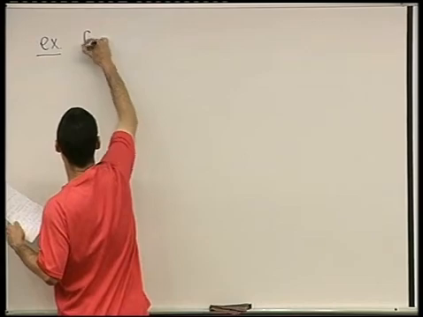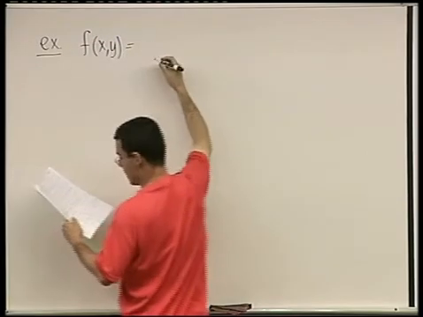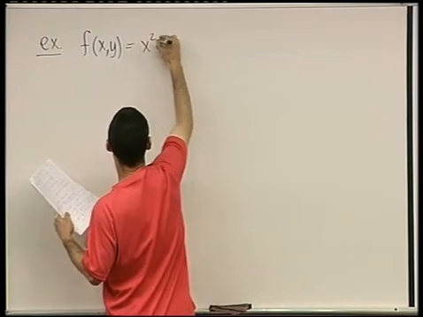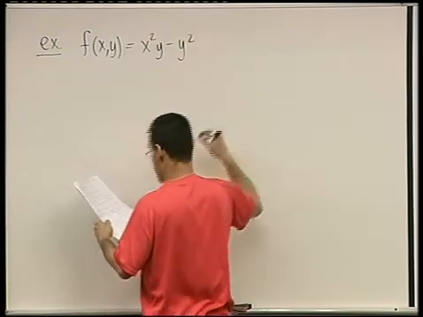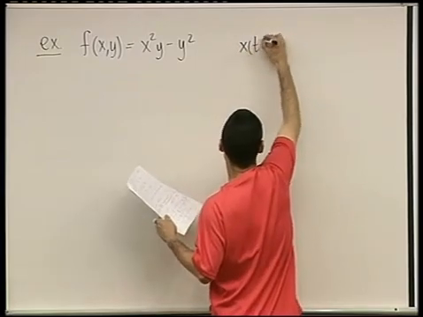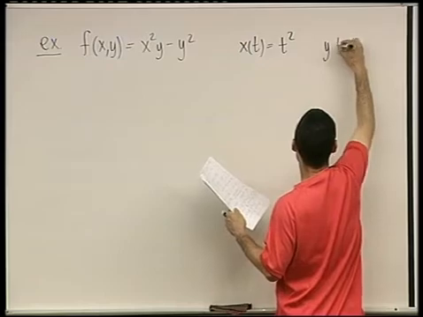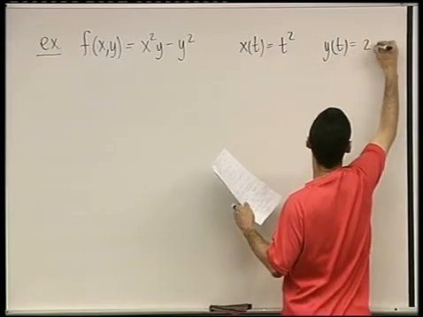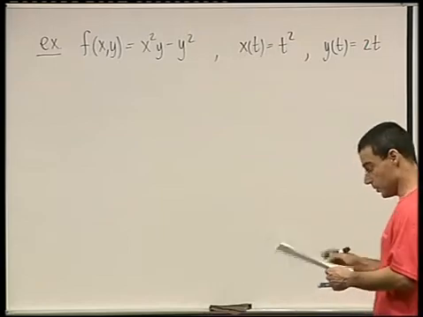So f of xy is going to be the function x squared y minus y squared. And then x of t is just going to be t squared, and y of t is going to be 2 times t. So these are the ingredients. This is what I want to compose.